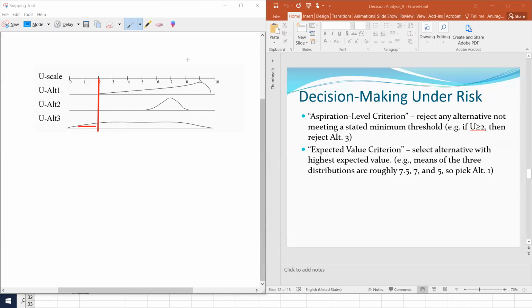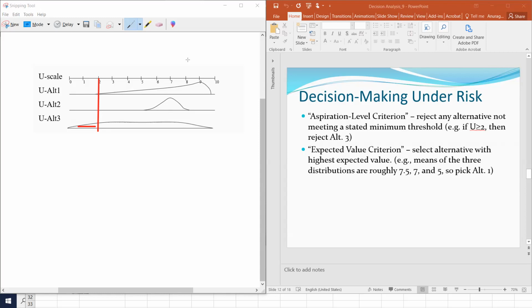It looks like there is at least a 10 to 15% chance, because the whole area under the curve will be 1.0, and the area on the left side of the red line would be about 15%. So there is a 15% chance that your utility score could fall below 2.0. And you never want to have that happen. So then you will discard alternative 3 here. I'm sorry. Okay.